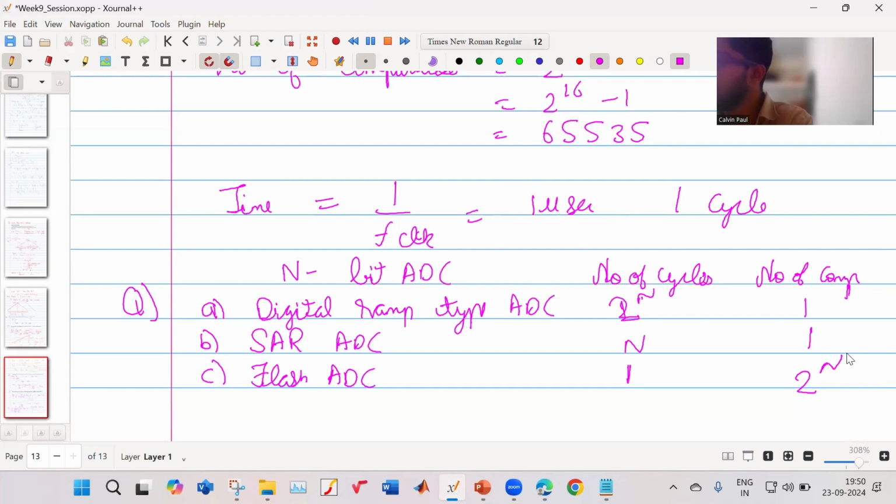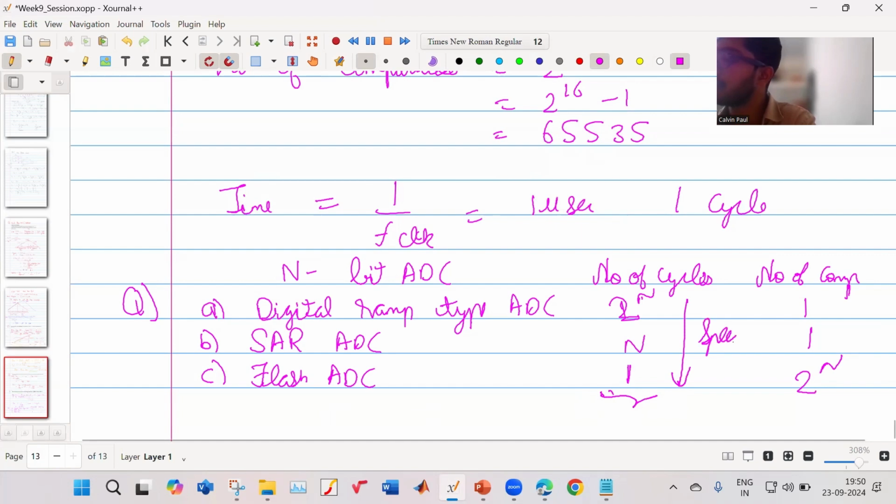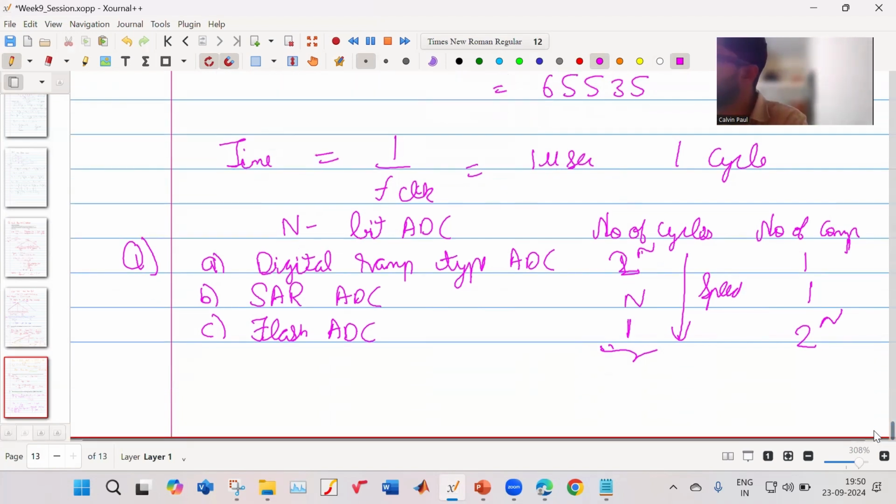Now you can see which is the fastest. This is your fastest; the number of cycles will determine your speed. But more comparators means more cost, and it will consume more power and so on.